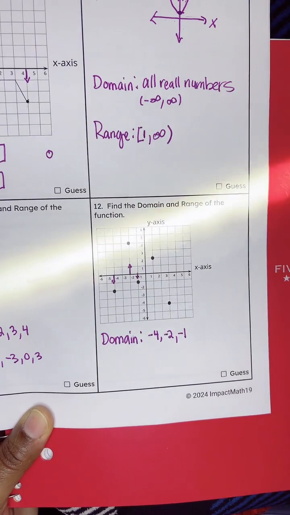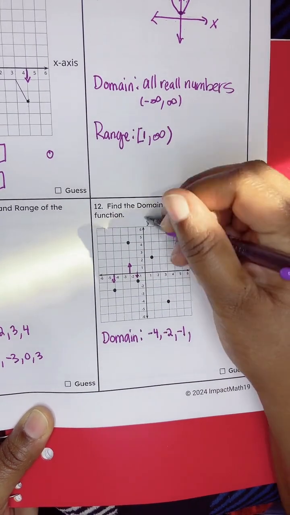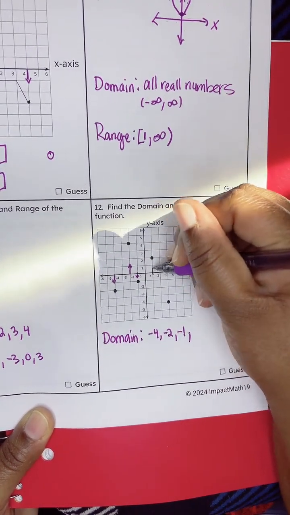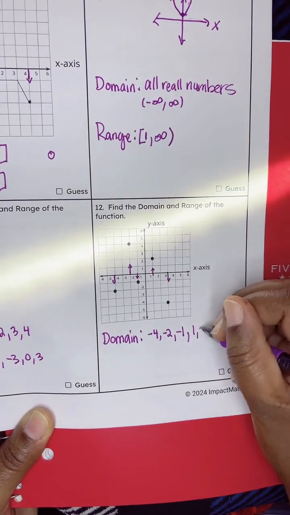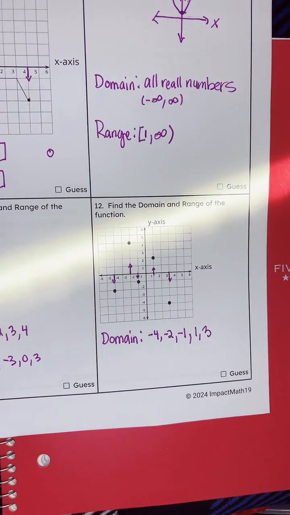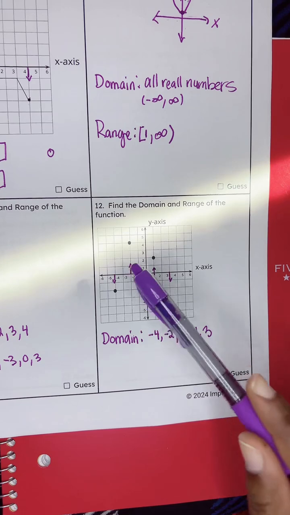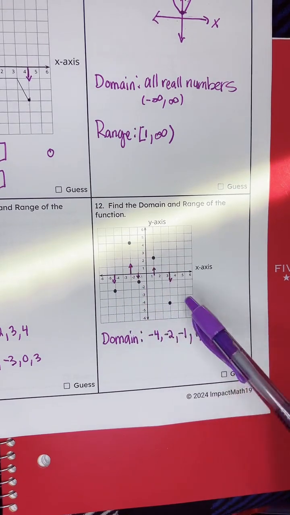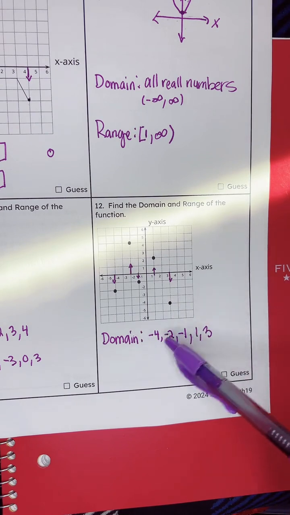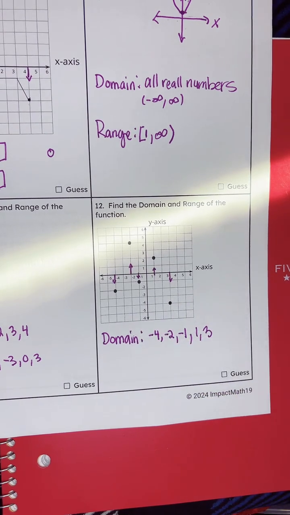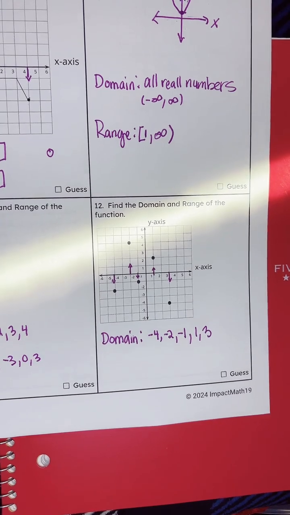There's no domain at -3. Here we have no point at 0. 1 is right here. And then we have 3. That's our domain. So this is called a discrete function. They do not connect. So when they do not connect, you have to list them out like that. Does that make sense, everybody?